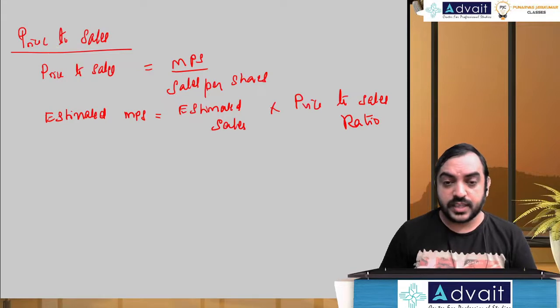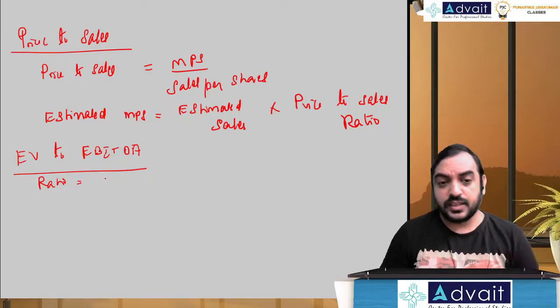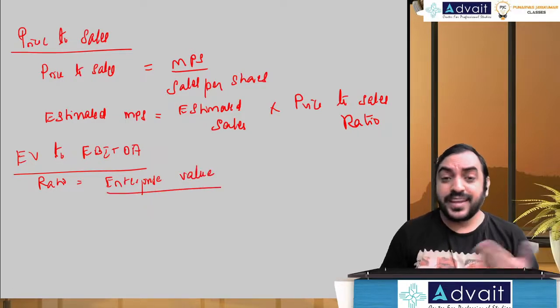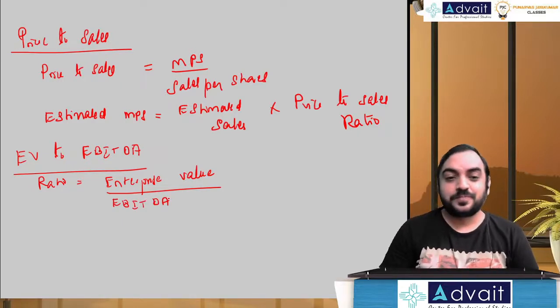Then we have earnings capitalization, P/E ratio. One more important one is EV to EBITDA. Ratio-wise, EV to EBITDA is EV, enterprise value, divided by EBITDA, that is earnings before interest, tax, depreciation, and amortization.